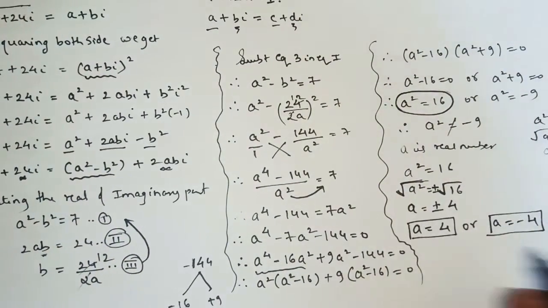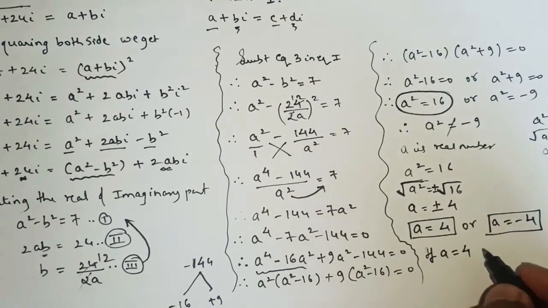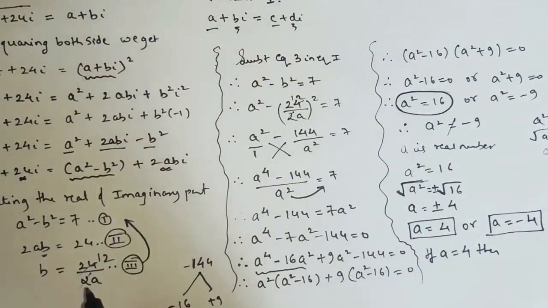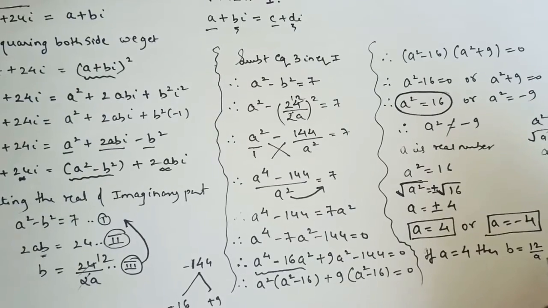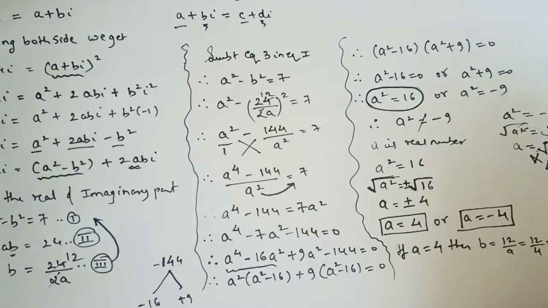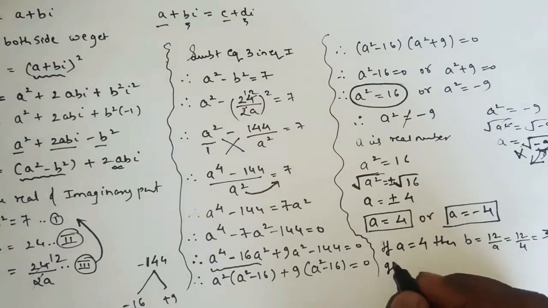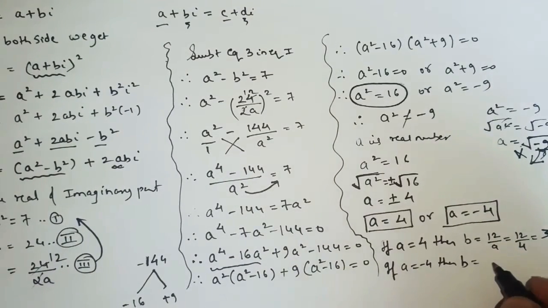First, if a equals to 4, then substitute a equals to 4 in equation number 3. Then b equals to 12 upon a. So 12 upon 4 is what? 3. Yes or no?